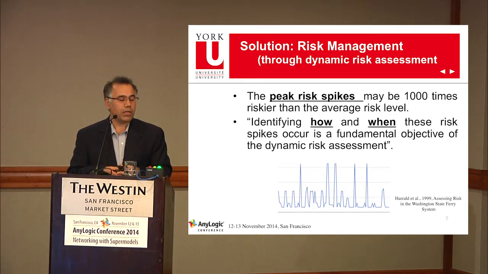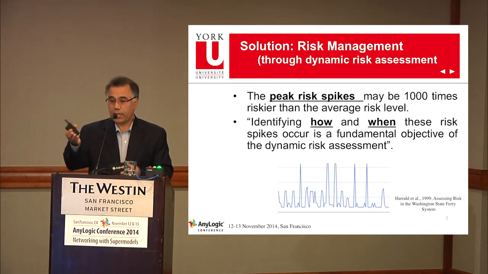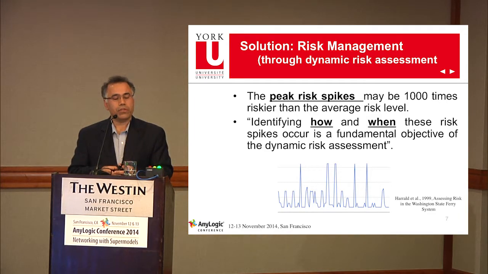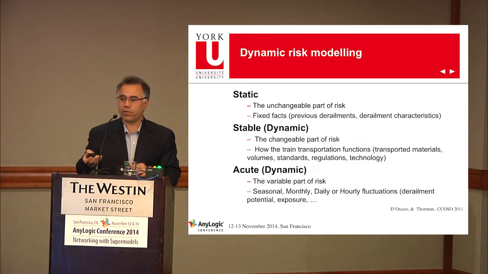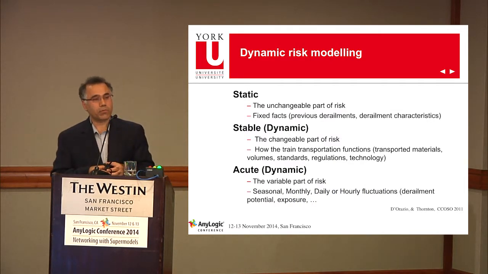So my solution, not an institutional solution or a solution that we in our discipline are looking at, is kind of looking at it from a risk management perspective and trying to identify how we can reduce this risk through identifying those peaks or spikes in risk management. So we came up with this dynamic risk modeling.